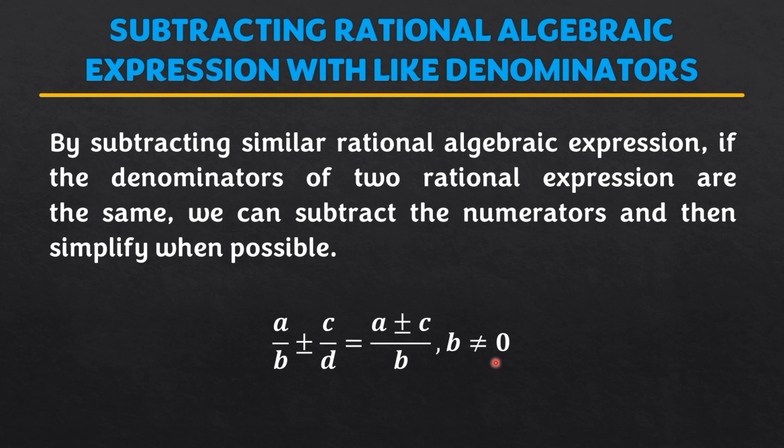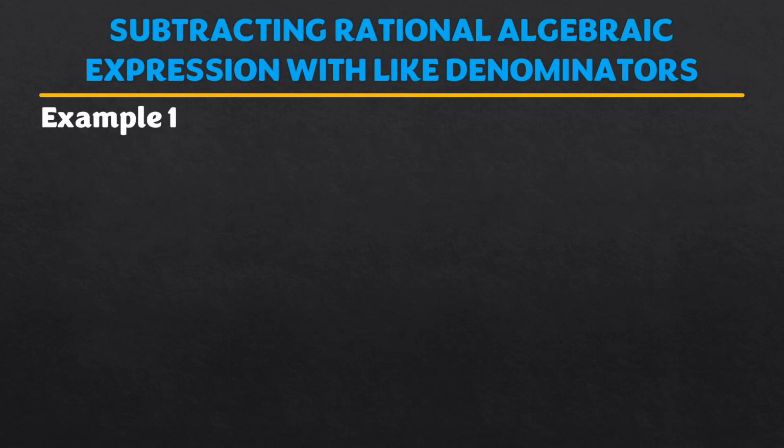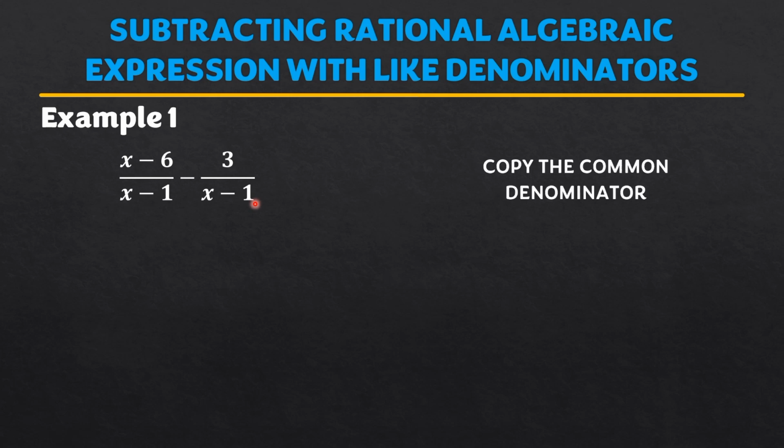Let's have an example. Example number 1. x minus 6 over x minus 1 minus 3 over x minus 1. The first thing we're going to do is to copy the common denominator, x minus 1. After that, we will subtract the numerators.